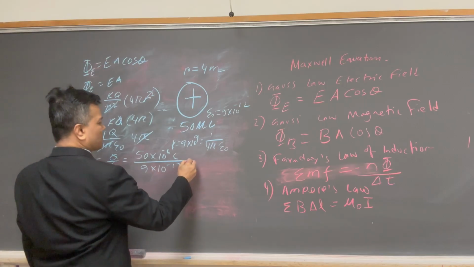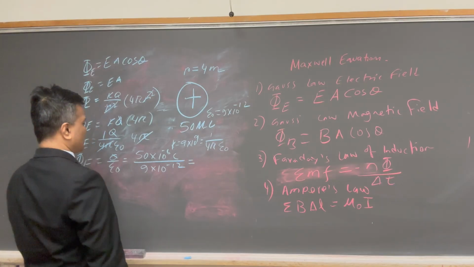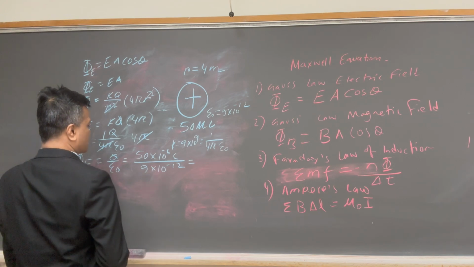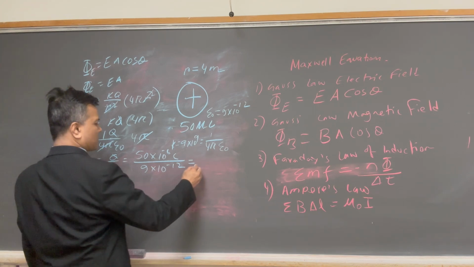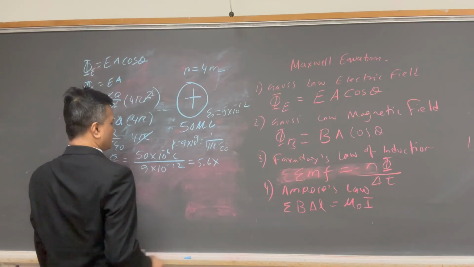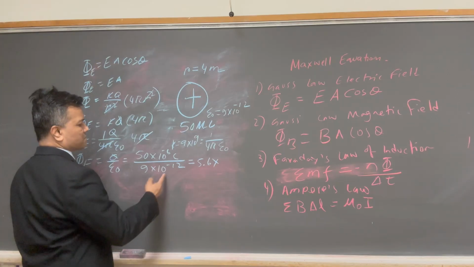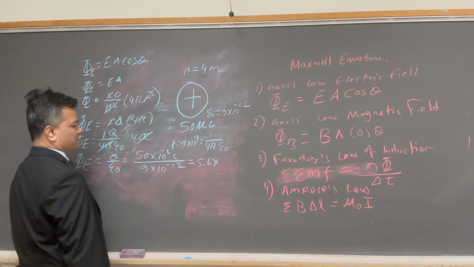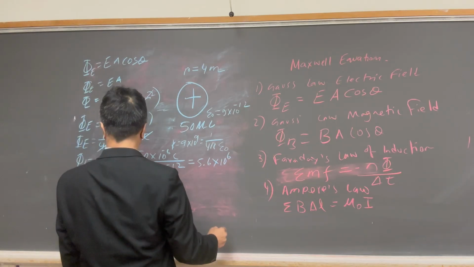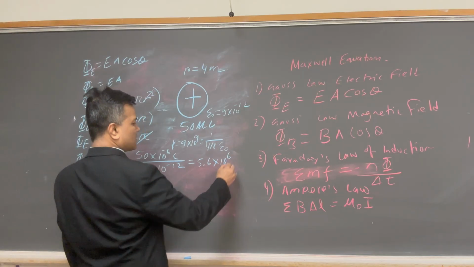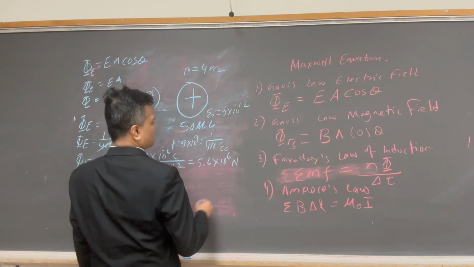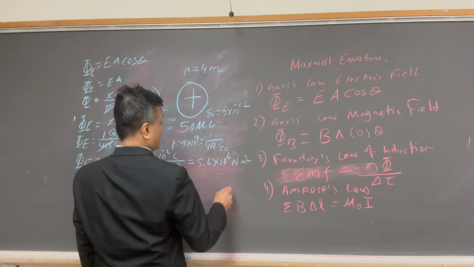So this is about 5.6 times 10 raised to 6, and the unit is Newton meter square over Coulomb.